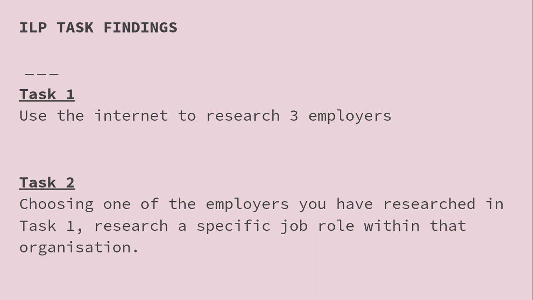I want you to use the internet to research 3 employers. They can be any employers you like. However, I would like one of them to be Horizon Care, who is obviously the organisation that is linked to this course. I will send you the link to the Horizon Care website to give you a head start. But yes, I want you to do Horizon Care and then 2 other employers. Ideally, I'd like you to do something other than a care home for the other 2.